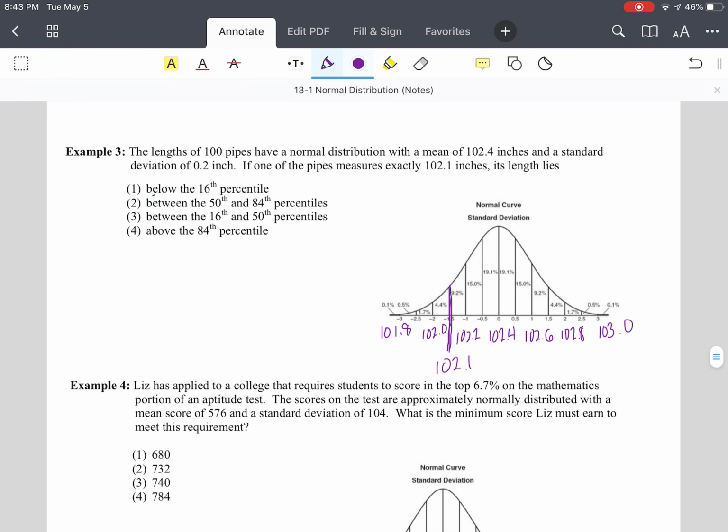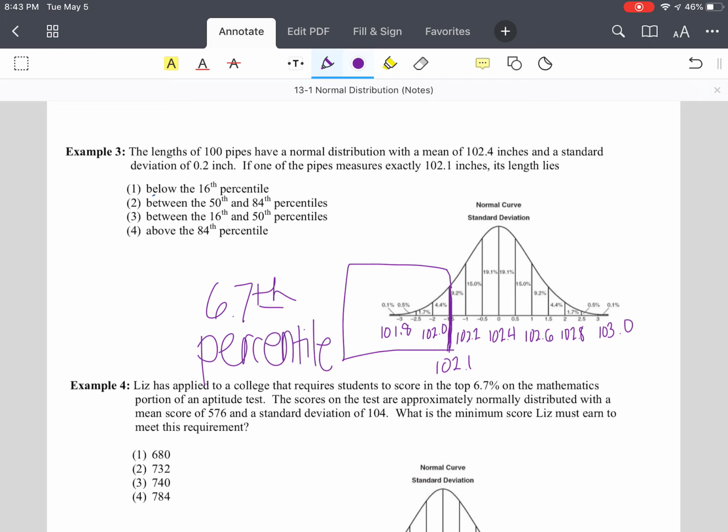So again, to find percentile, we draw a line exactly where our score is, or our length of pipe in this case, and we're going to add up all the percentages from the left all the way up until that line. So 0.1, 0.5, 1.7, and 4.4. So that's 6.7. So this pipe is in the 6.7th percentile, meaning it is only longer than 6.7% of all the pipes that were made.